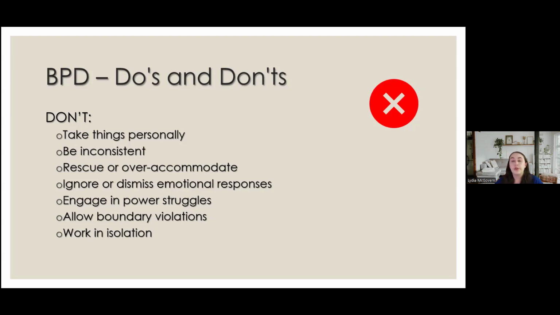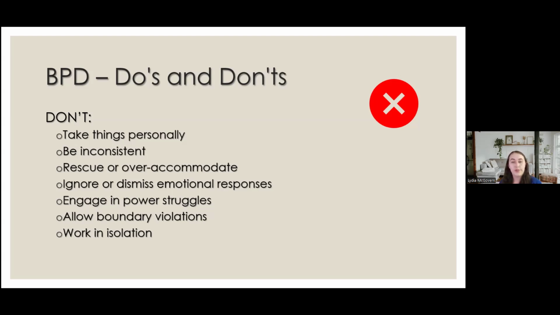Don't dismiss or ignore emotional intensity. This can invalidate and worsen the emotional experience. Don't assume that they're acting manipulatively, especially with self-injurious behavior, suicidal ideation. Don't assume that they're just saying things to say them. They're trying to express difficult emotions, and that should be taken seriously.